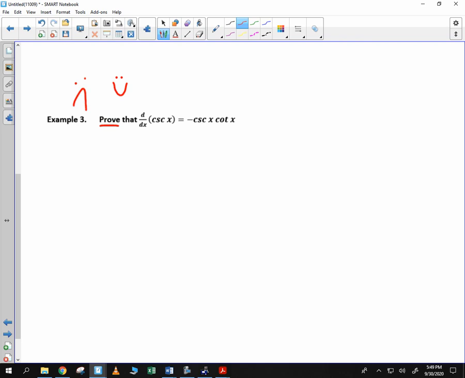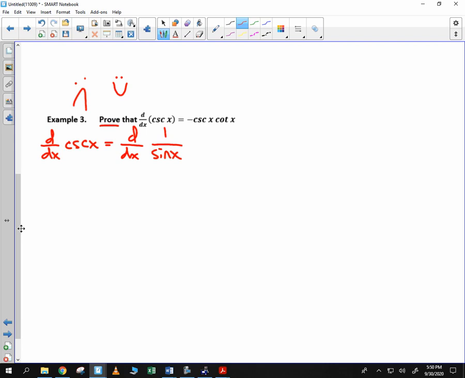Prove that the derivative of cosecant is negative cosecant cotangent. And so what I do is I write the derivative of cosecant is equal to the derivative of 1 over sine of x, because cosecant is 1 over sine.